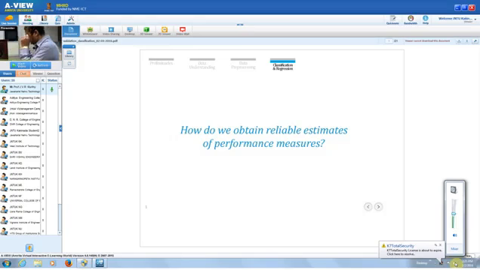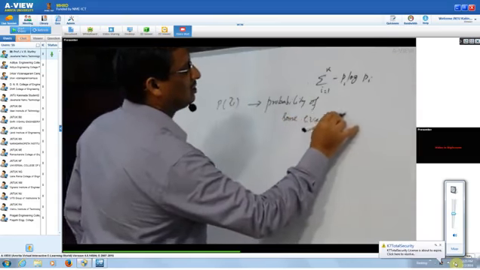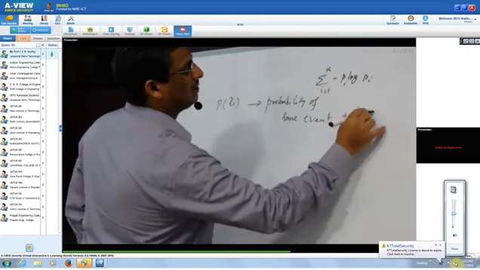So if some event xi is happening, let P(xi) be the probability of that event happening.